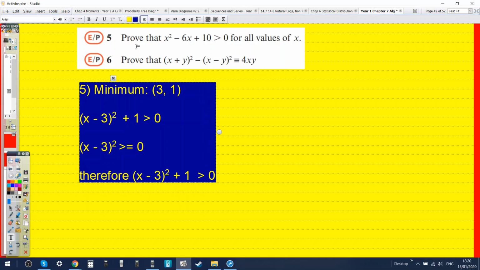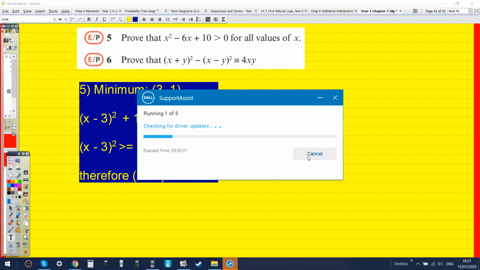Yes. And so for those ones you use completing the square. The quick way of which is the minimum or maximum with the solver, if you can remember that, or you can just complete the square. So the square bracket is always greater than or equal to 0. Therefore, the square bracket plus some positive number will definitely be bigger than 0 for all values.